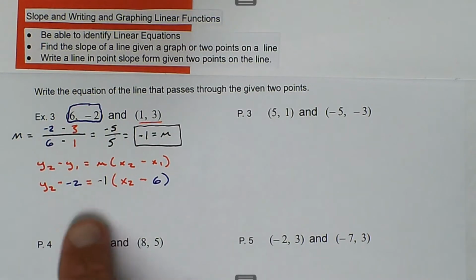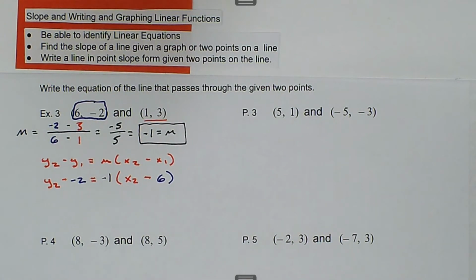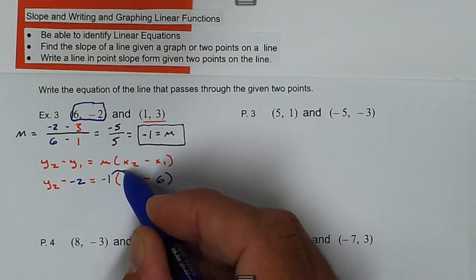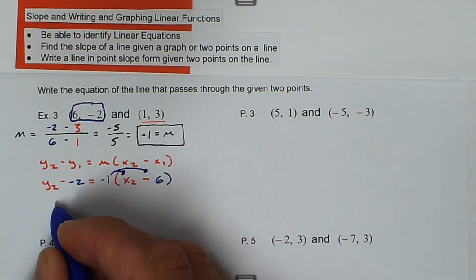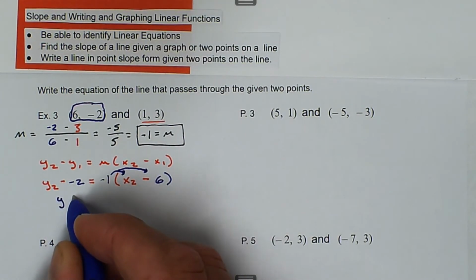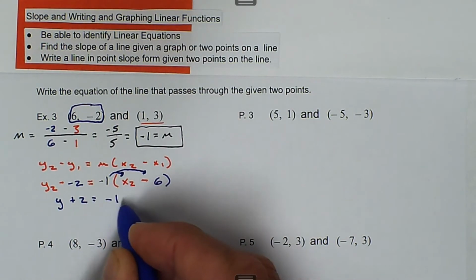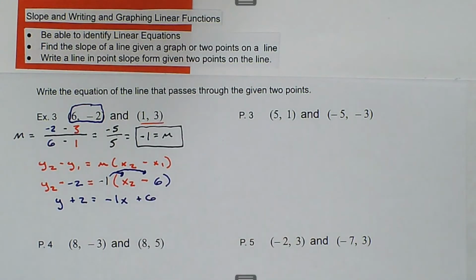So now that we have that written down, we can do a little bit of math and solve to get y by itself, and then we'll have it in y equals mx plus b form. The first thing is we distribute the negative 1 into the parentheses. So we get y plus 2 is equal to negative 1x plus 6.